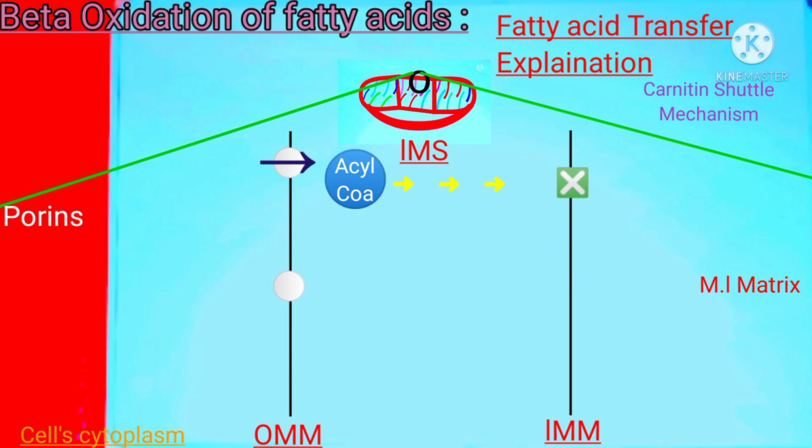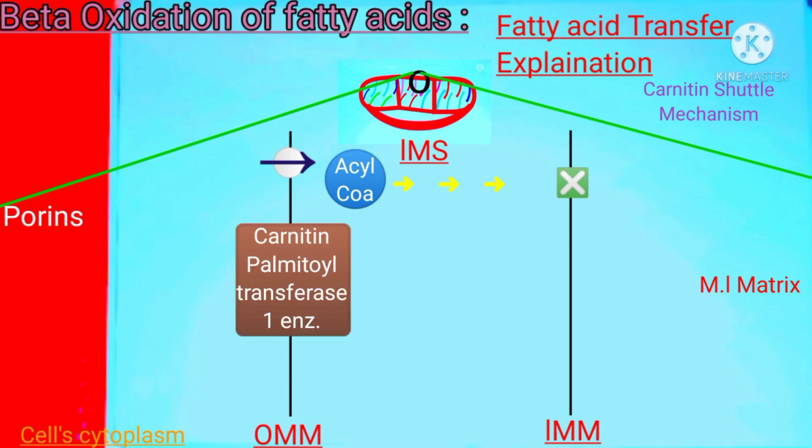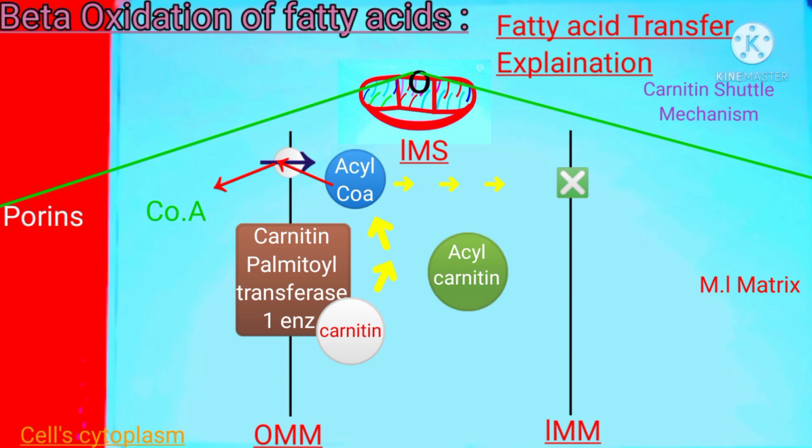This carnitine shuttle comprises many enzymes, and one of them is the carnitine palmitoyl transferase 1 enzyme located in the outer mitochondrial membrane. This enzyme attaches a carnitine molecule to the acyl coenzyme A. In this reaction, the coenzyme A of acyl CoA is released back into the cytoplasm and a molecule of acyl carnitine is produced inside the intermembrane space.